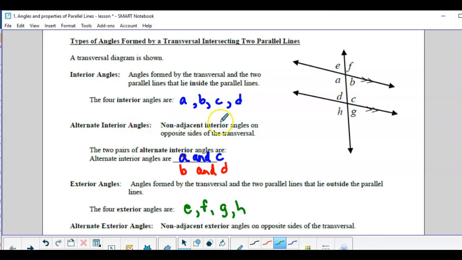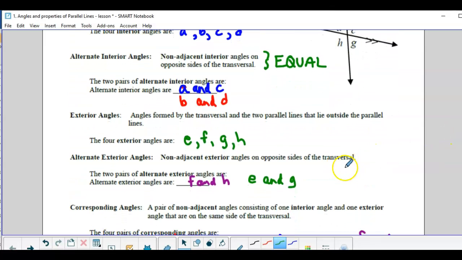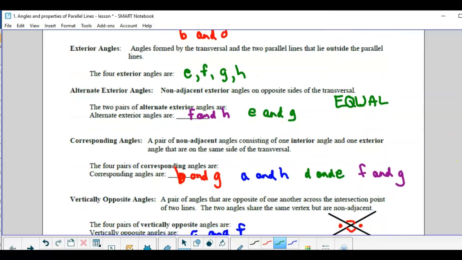When we have alternate interior angles, they are equal. When we have alternate exterior angles, they are equal. When we have corresponding angles, they are equal.